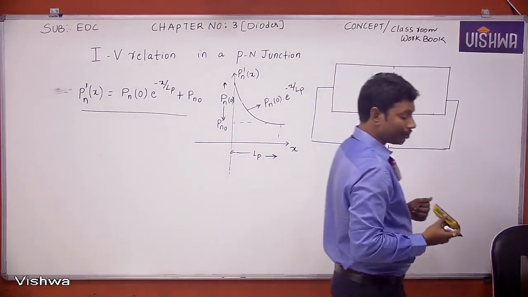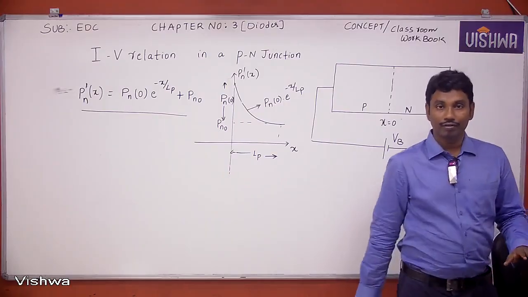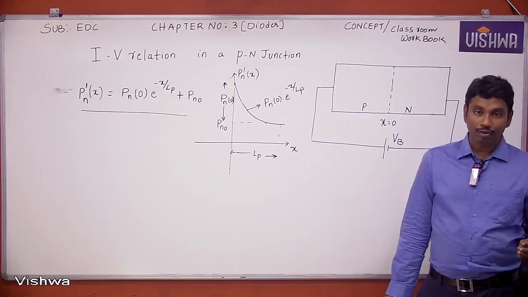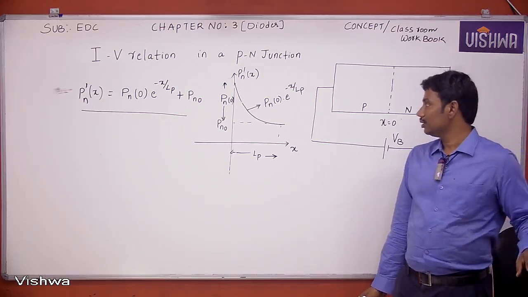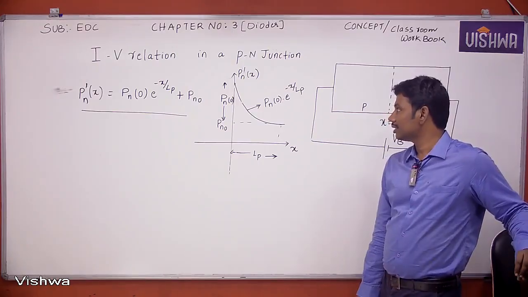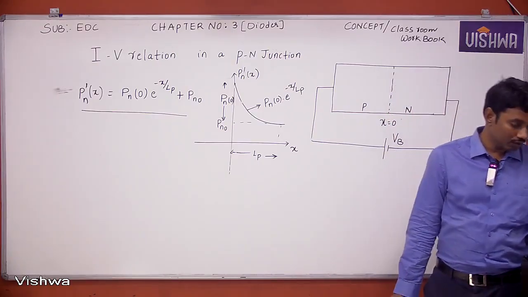Write down. In forward bias condition, holes are moving from P side to N side.